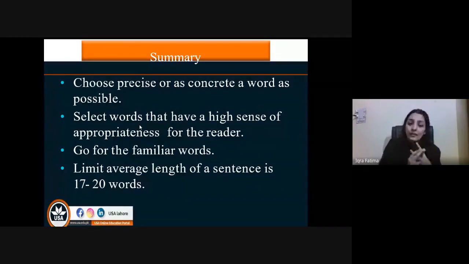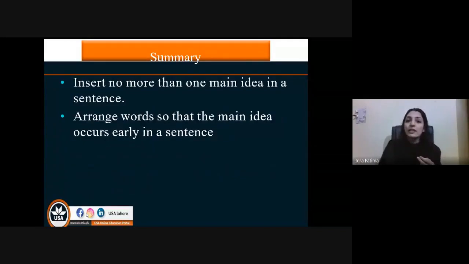And for that reason, you have to limit the length of a sentence to 17 to 20 words, and you don't need to add more than one idea in a sentence or even in a paragraph, and all your ideas should be arranged in a coherent manner.